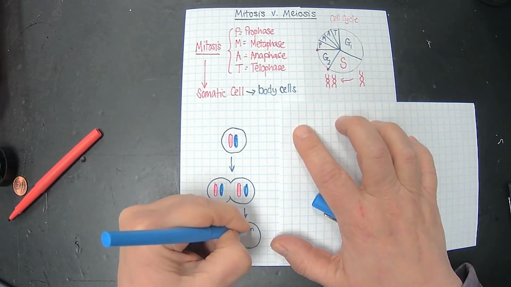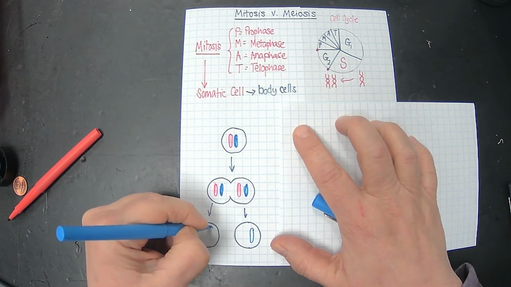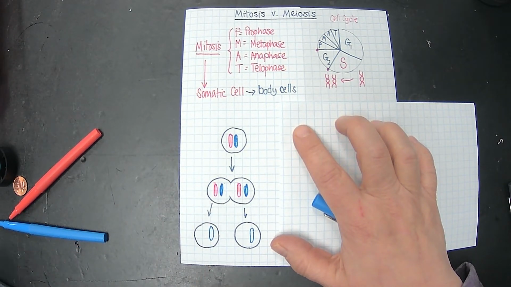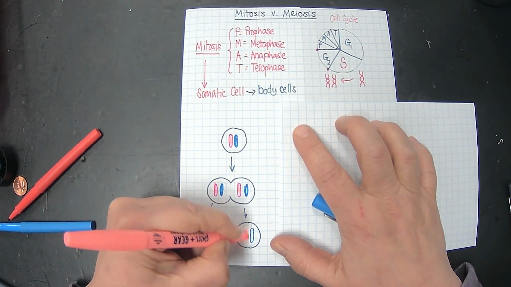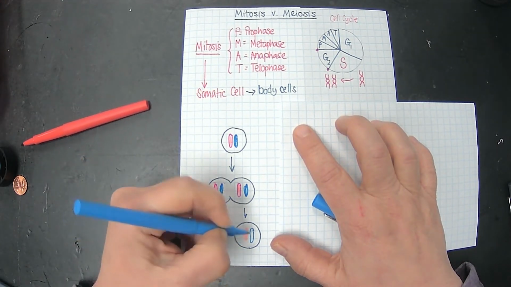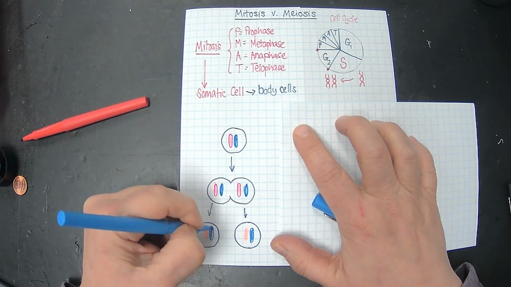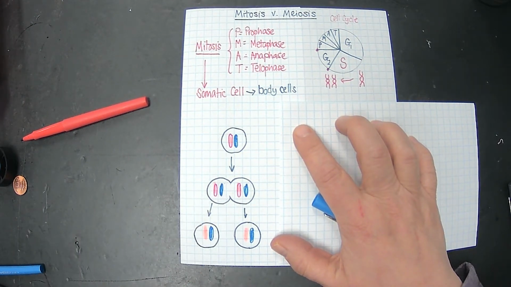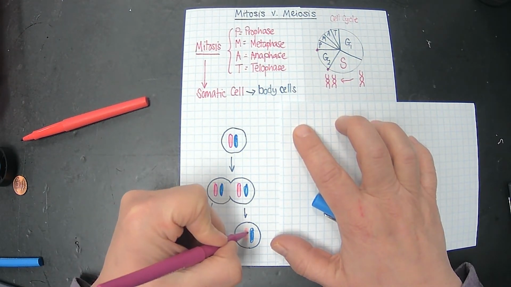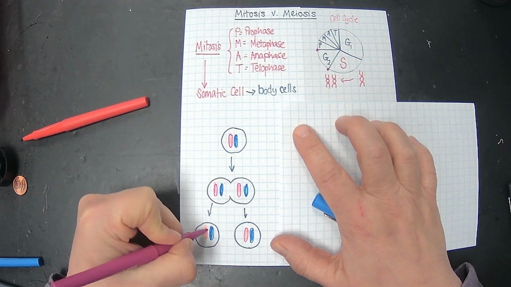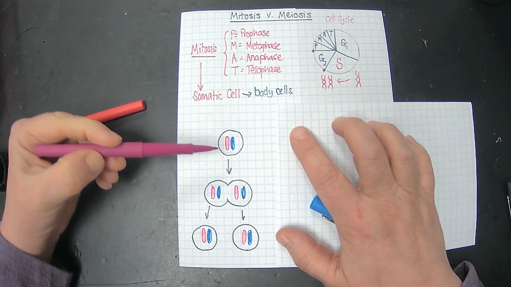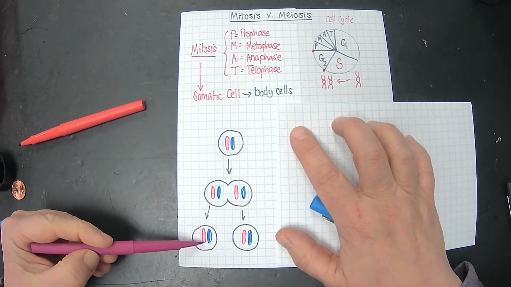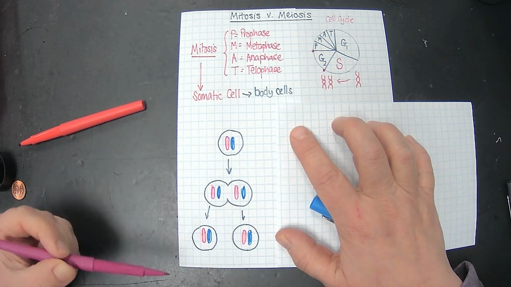And this cell will have one blue one each, and this cell will have one pink one each. So when we look at the cells at the end of mitosis, you will notice that the chromosomes are still in pairs, right? And there are two of them.